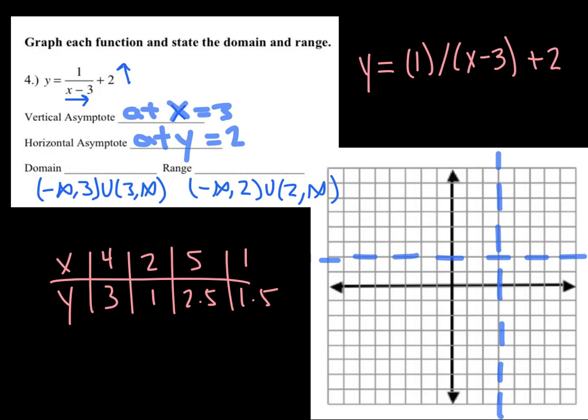So let's see, 4, 3, 2, 1, 5, 2.5, and 1, 1.5. So again, as long as you know the general idea of what these should look like, you guys don't have to go crazy with the points. And then just draw in each of your branches.